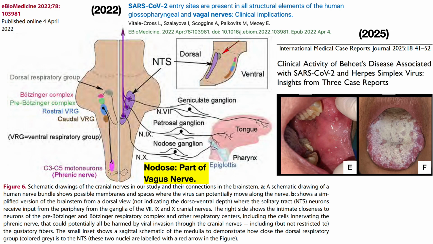Now, this paper published in 2022 was solely focused on SARS-CoV-2, not the reactivation of herpes viruses or the reactivation of HERV viruses, which are both possible as a consequence of a SARS-CoV-2 infection moving through cranial nerves into the brainstem.